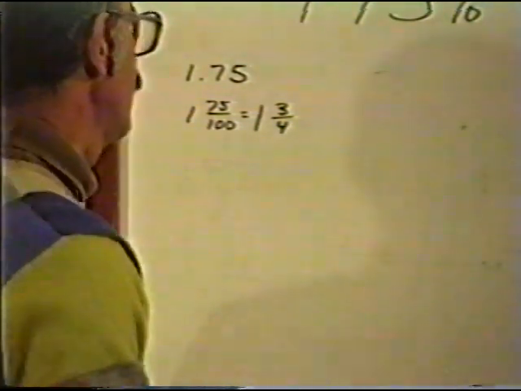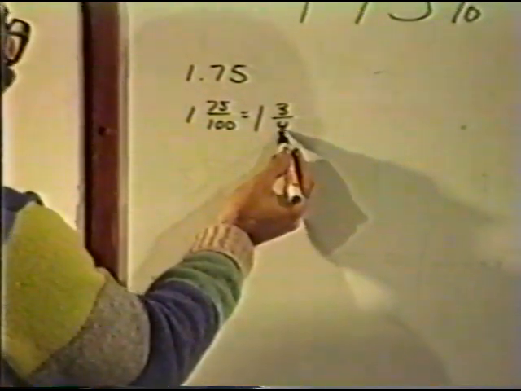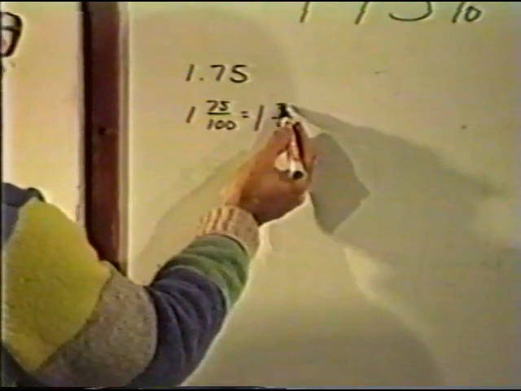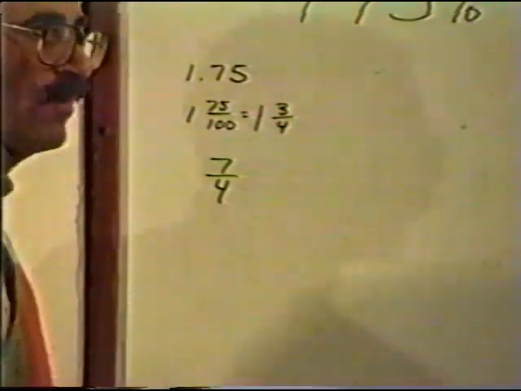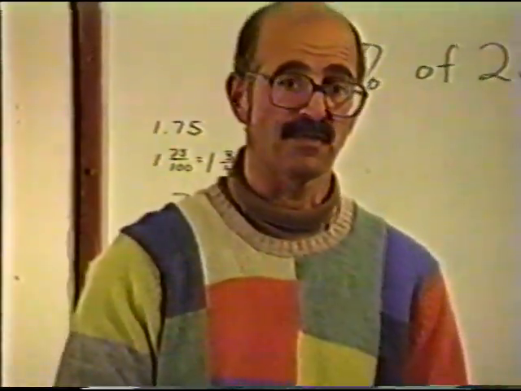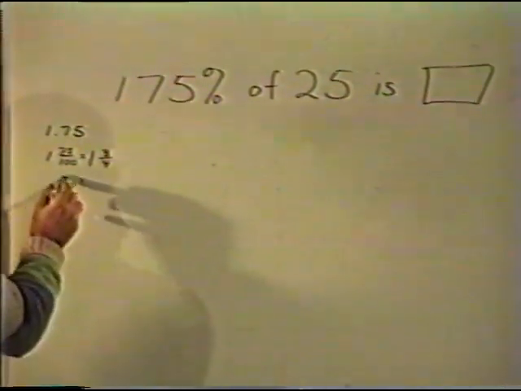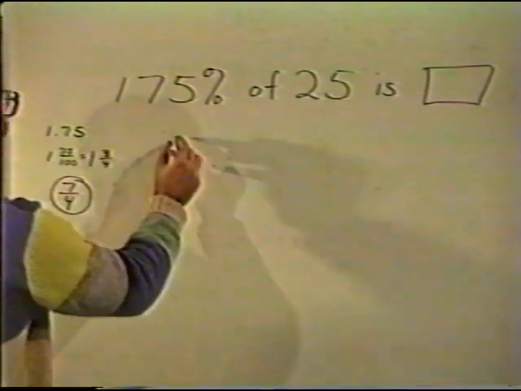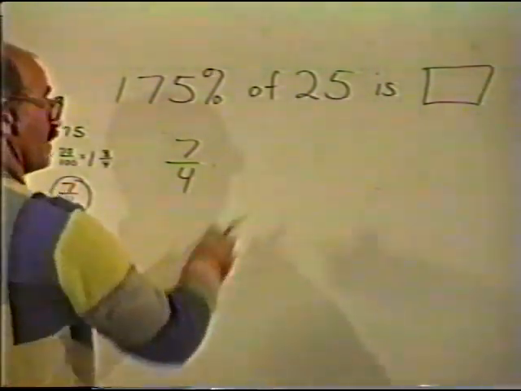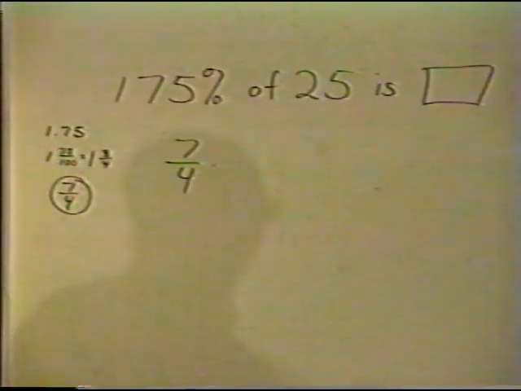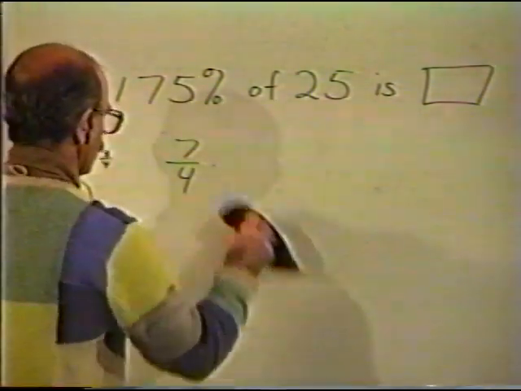You should recognize that that's 3/4. 1 3/4. Well, we could change that to an improper fraction. 4 times 1 is 4, plus 3, 7. 7/4. Now we have to decide whether to use the fraction or the decimal. If we use 7/4, can we cancel the 4 and the 25? No, we can't. We're going to have to use the decimal.